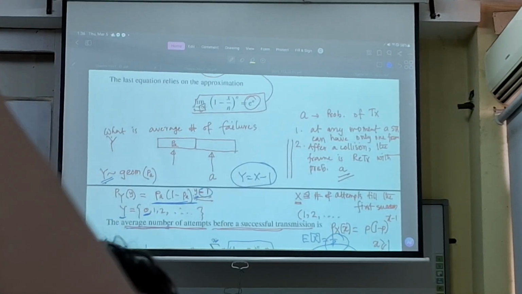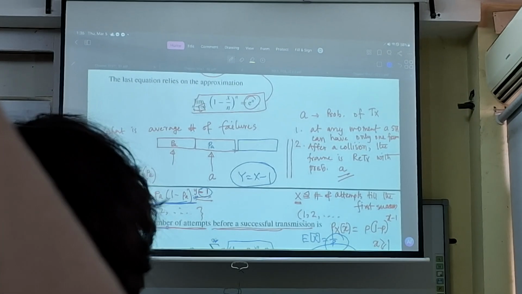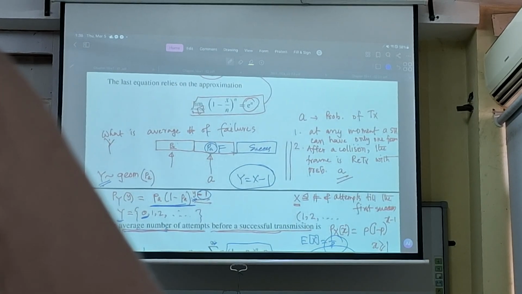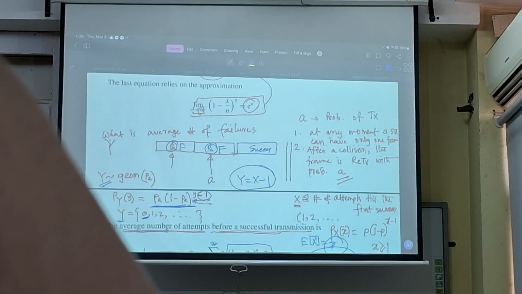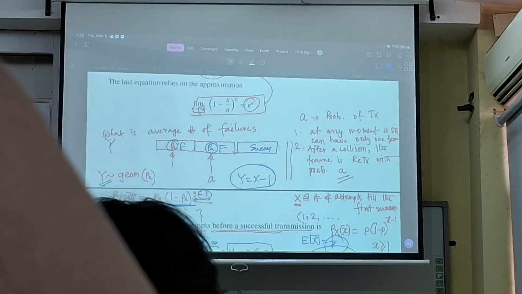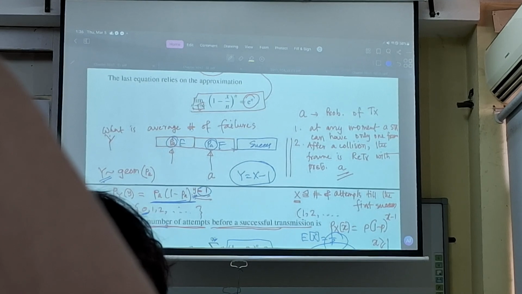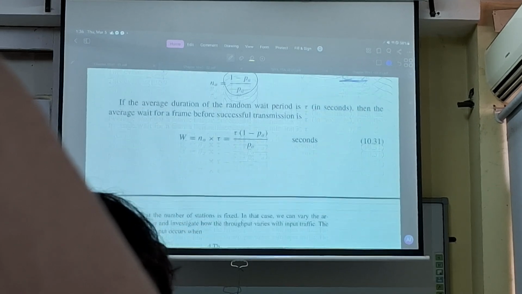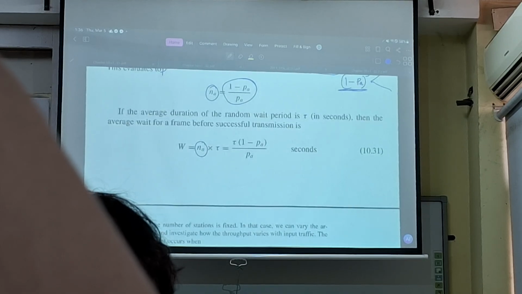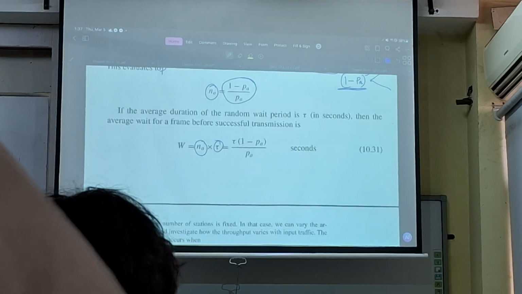And now we come back here. Say you attempt here and eventually you got the success here. So this one was a failure, this one was a failure. So the average duration before you get the success is the average number of failures times the average duration of a failure. The average duration of a failure is not fixed.